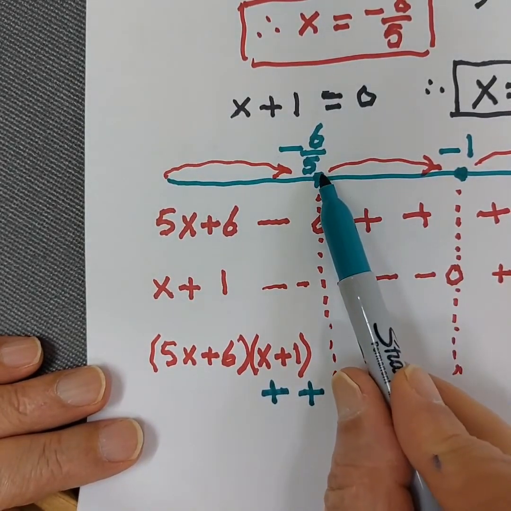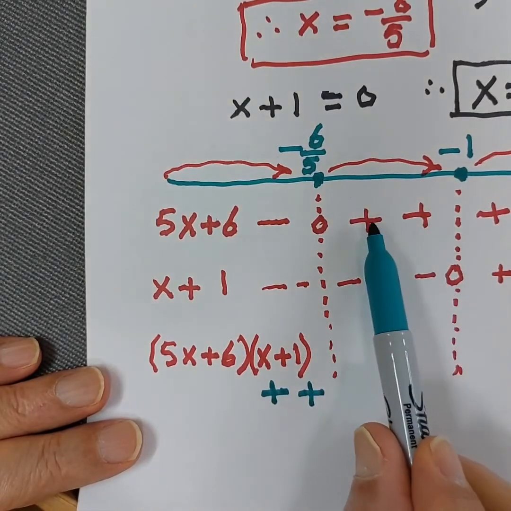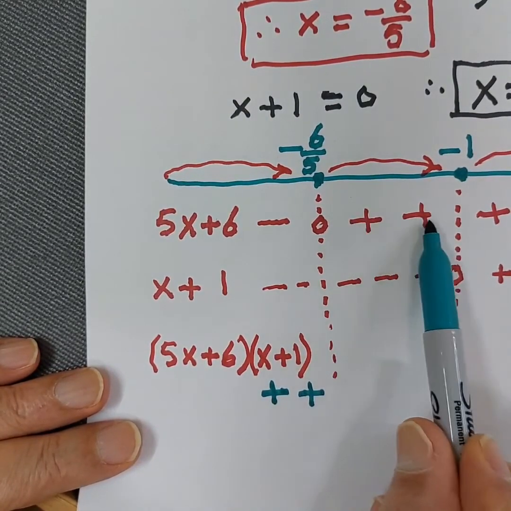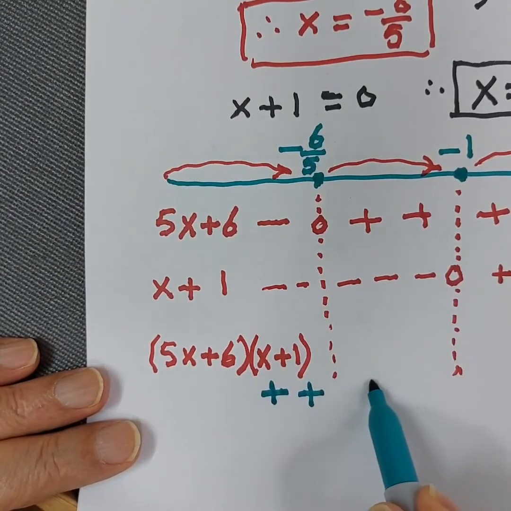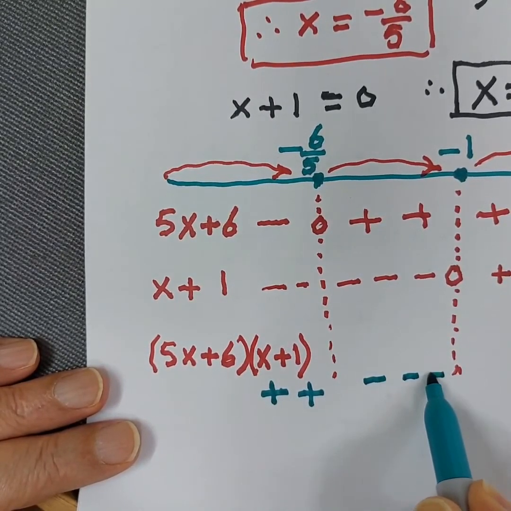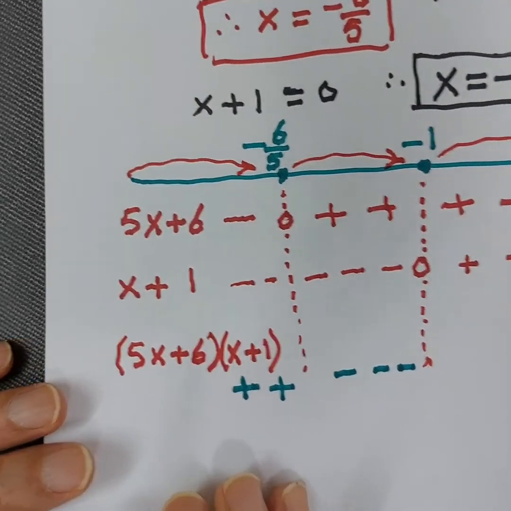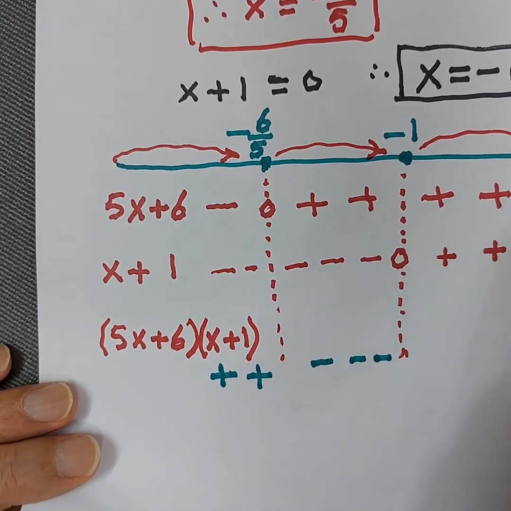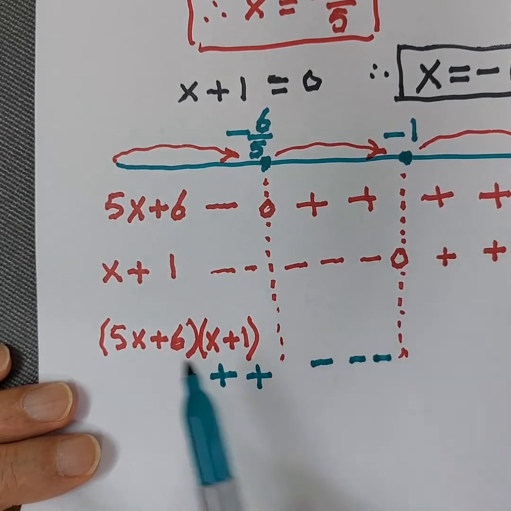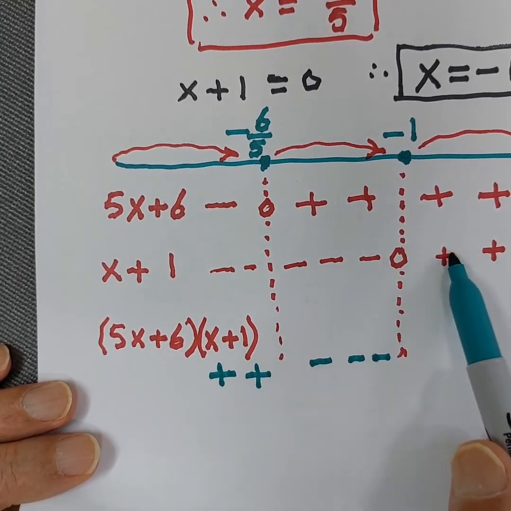For this interval, which is between the two numbers, the sign is the result of positive by negative. Positive by negative will give you negative. And the third part, we have positive times positive, positive for the first factor and positive for the second factor.